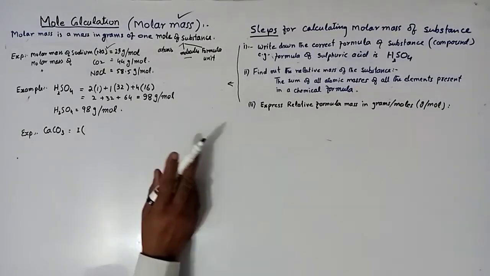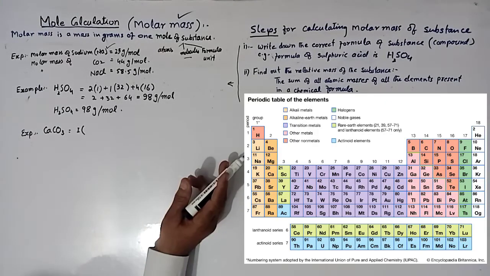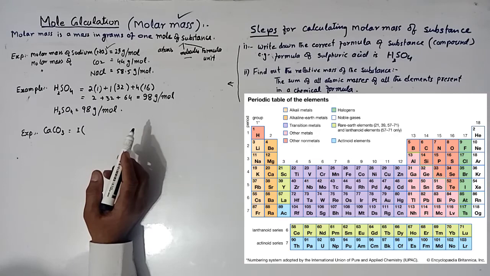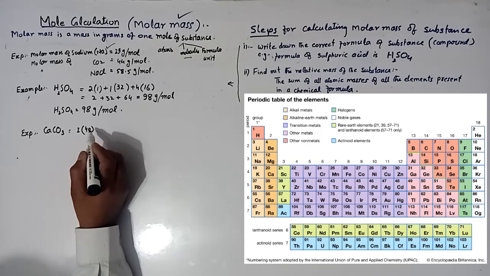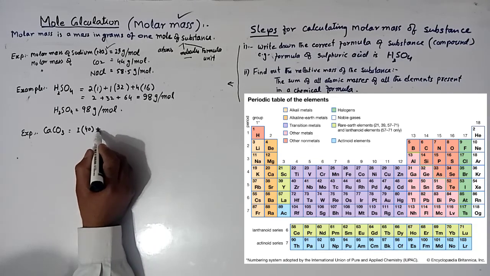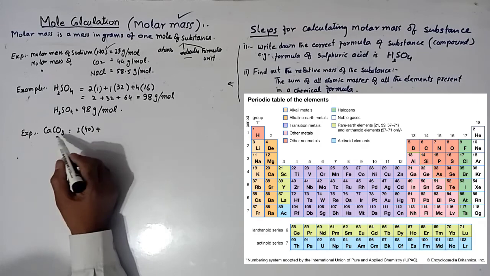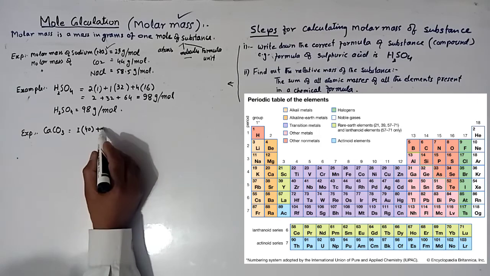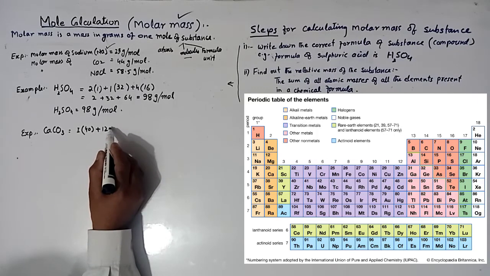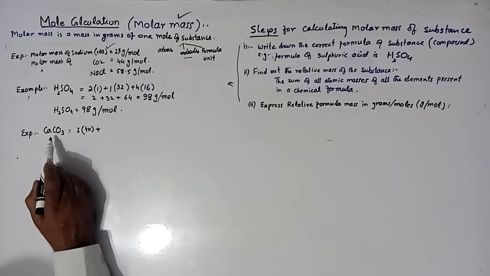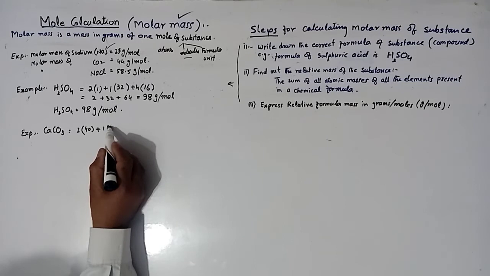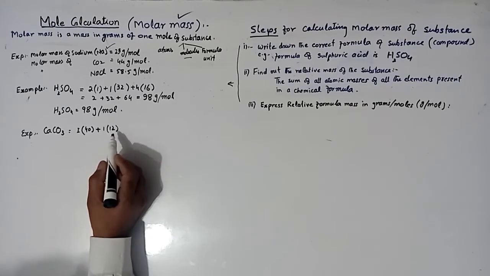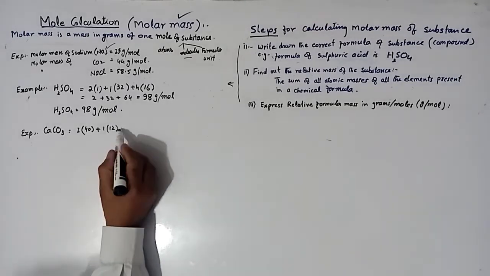You can use the periodic table. The atomic mass of calcium is 40 plus the atomic mass of carbon is 12. There is only one carbon, so write 1 in bracket, 12.